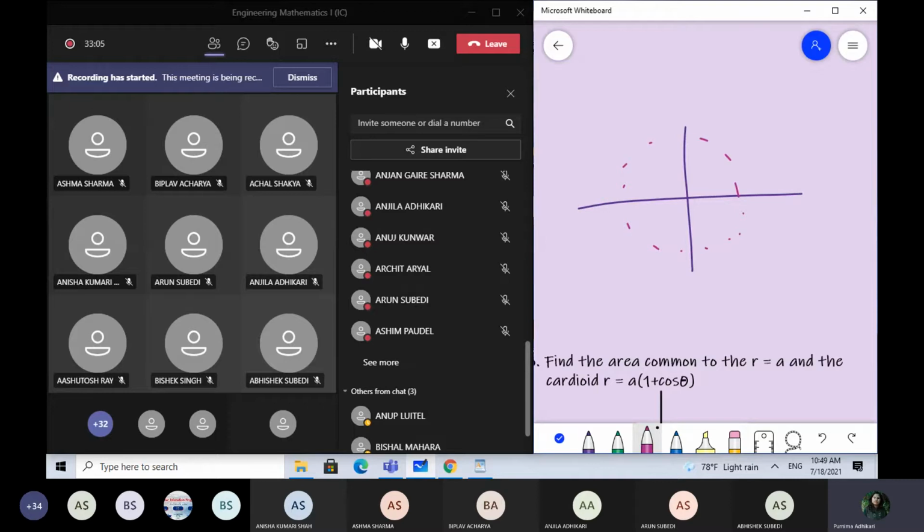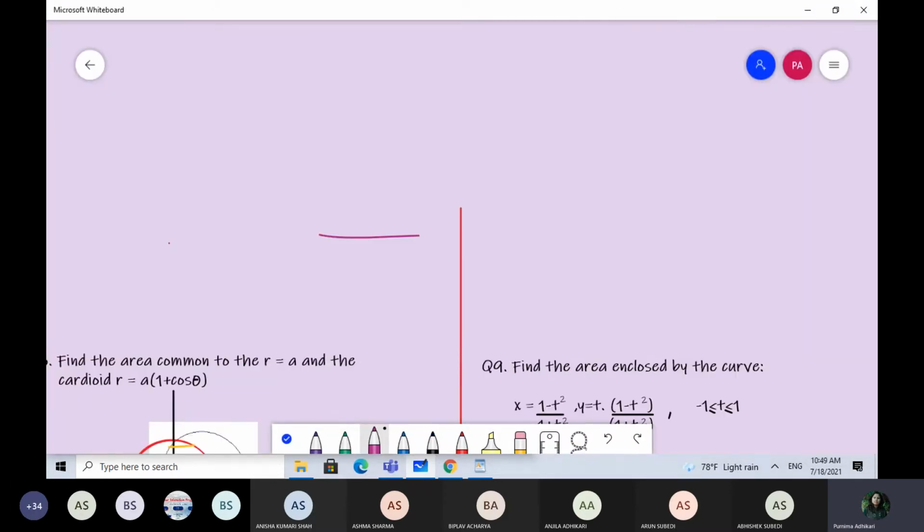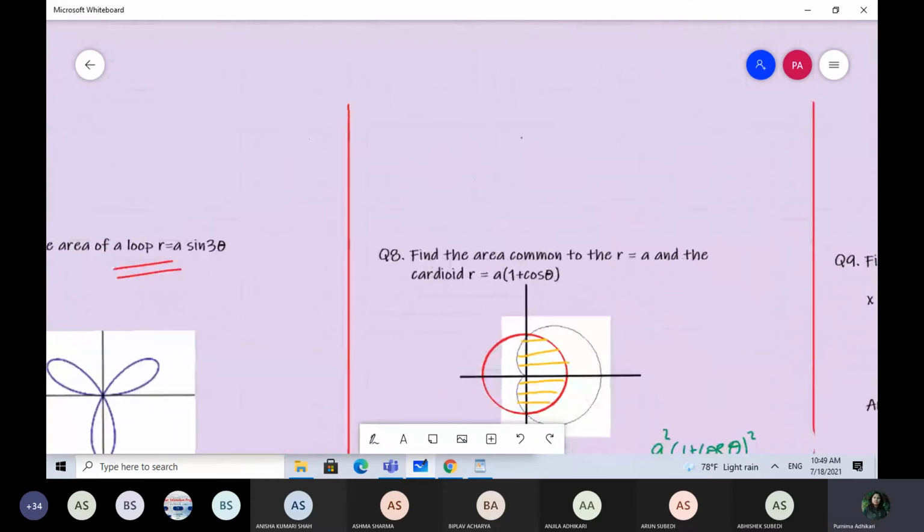Okay, that's it. So you're provided with two equations, equation of circle and equation of cardioid. So this is it.